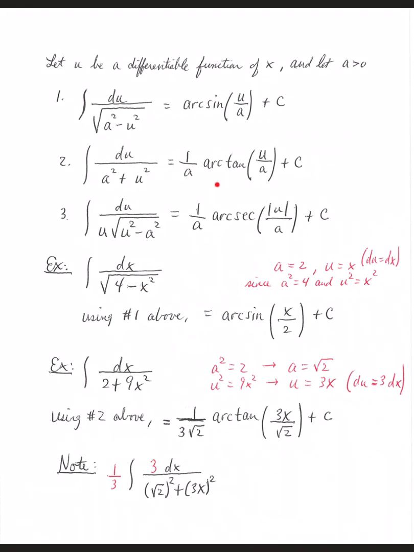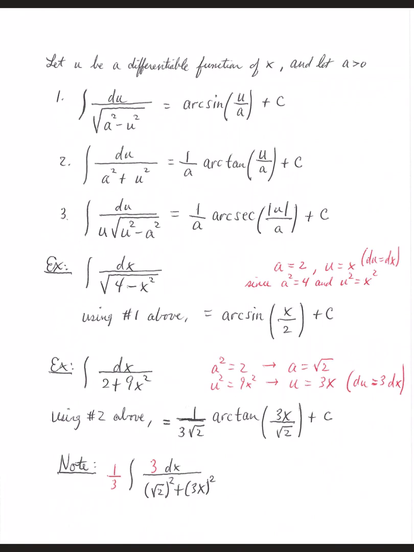And now using formula 2 in the expansion, 1 over a is 1 over square root of 2. This 1/3, that's where this 3 is coming from. 1/3 times 1 over square root of 2. Arctangent or tangent inverse, you can put either notation.